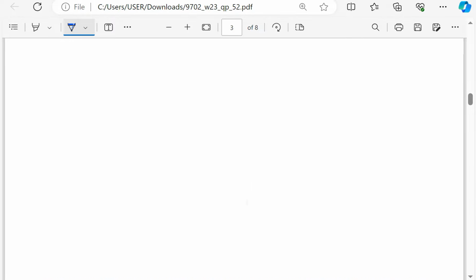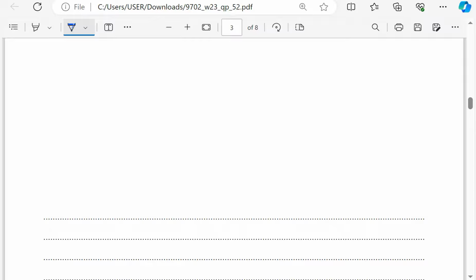So I'm going to start by drawing a diagram. Let me start by putting a surface here. Okay, let this be the bench, or it can be the table.